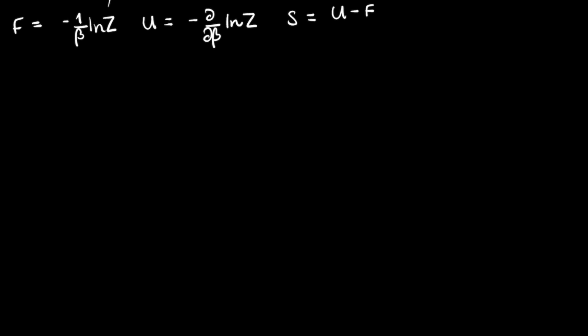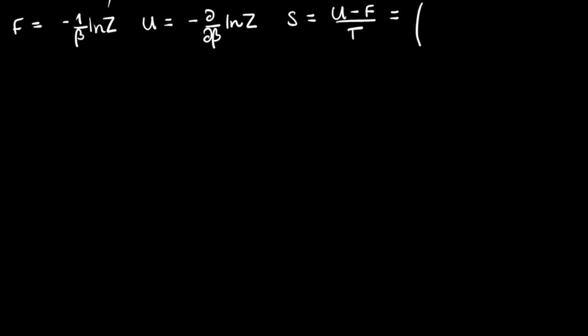Well, we know that F is equal to minus 1 over beta log of Z, and U is equal to minus d by d beta of log Z right here. We also know that entropy is simply U minus F divided by T. Or we can express the entropy differently.